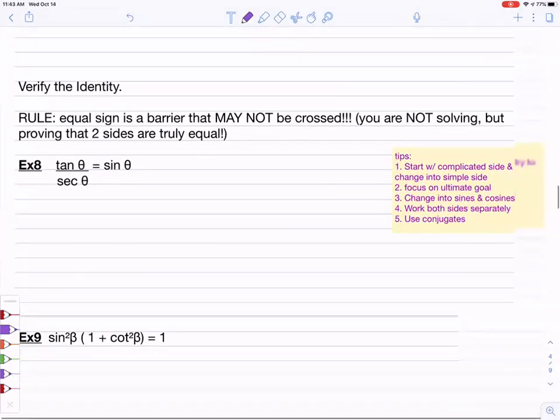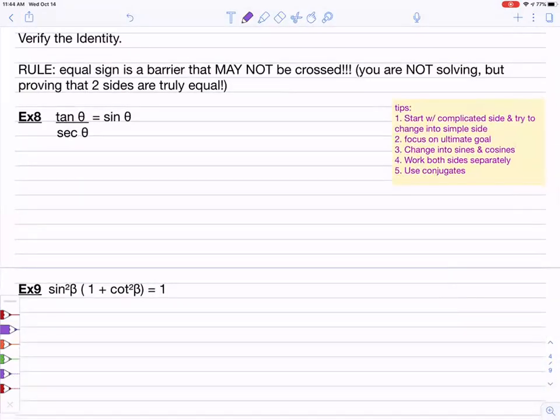here we go. Here's really the climax of this section. This is why we've done everything that we've done today. Verify the identity. Those three words basically mean prove that the right side is truly equal to the left side.